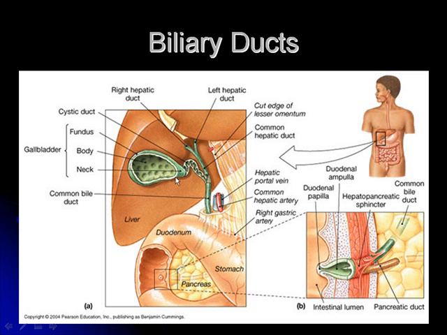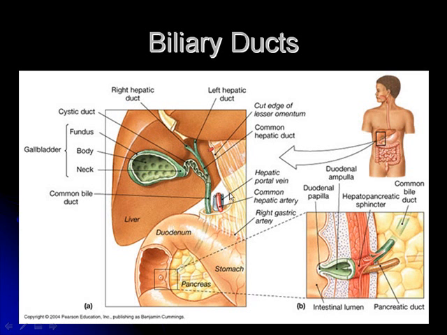Now, remember and differentiate. There is the cystic duct, there is the common bile duct. There are the hepatic ducts, a left hepatic duct and a right hepatic duct, and the common hepatic duct joins the cystic duct to form the common bile duct.